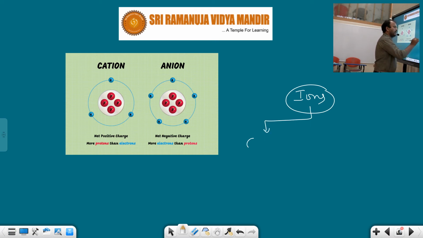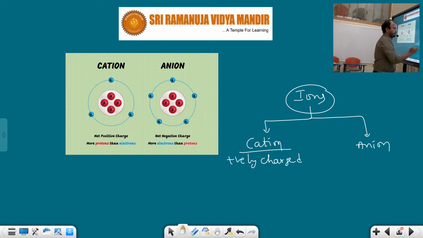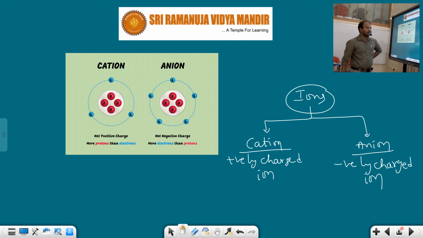Ions are of two types: cation or anion. Cation is a positively charged ion. Anion is a negatively charged ion.